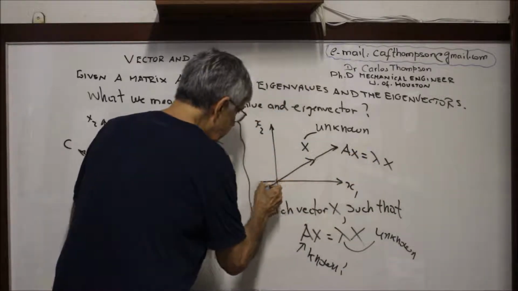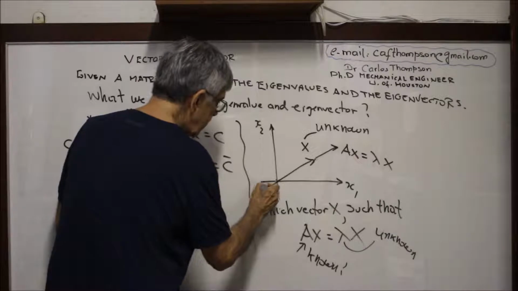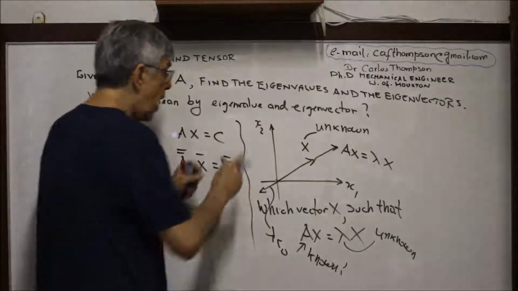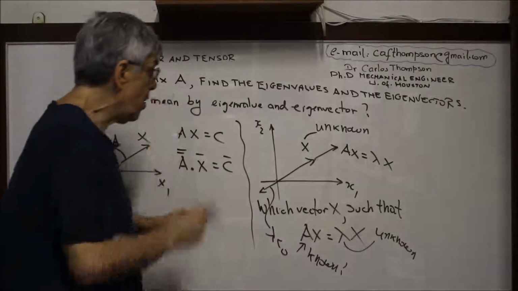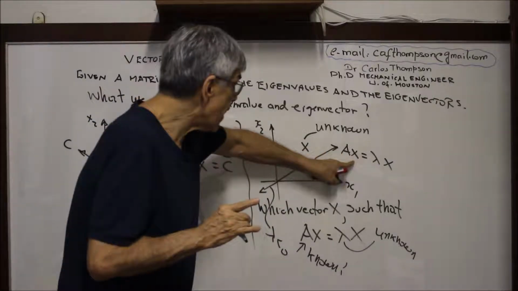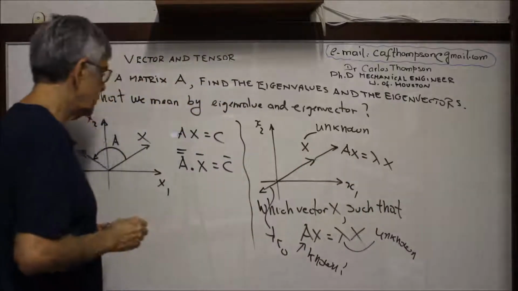So I'll have here this for lambda negative. Okay? Now I want to know what is the x such that Ax is equal to lambda x.